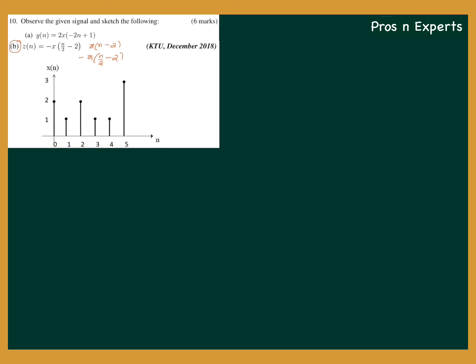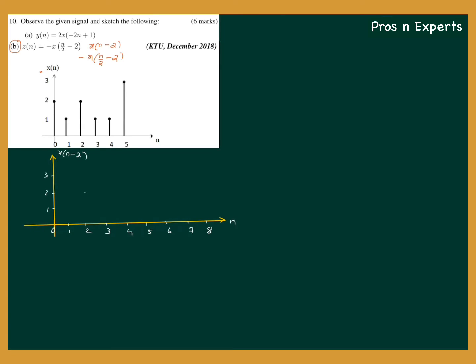So initially what I'm going to draw is x of n minus 2 from x of n. X of n is given here. So we have to find out x of n minus 2. X of n minus 2 is nothing but shifting x of n by 2 units to the right. So the first sample will be coming at 2 units shifted, that means at n equal to 2 and so on.